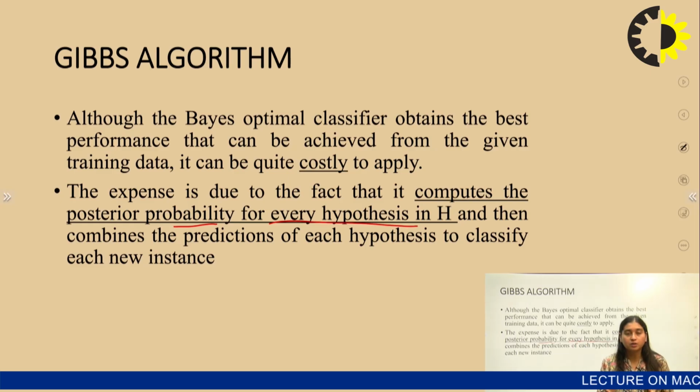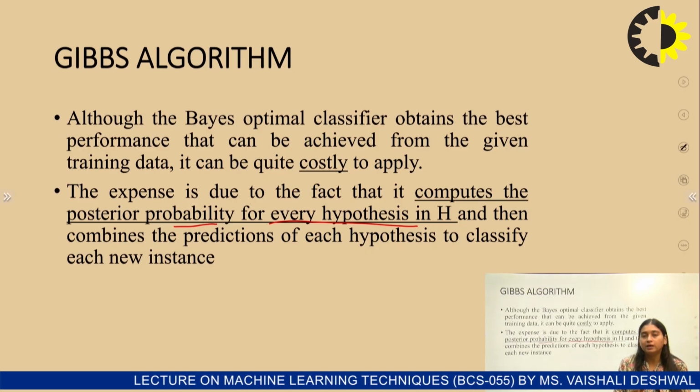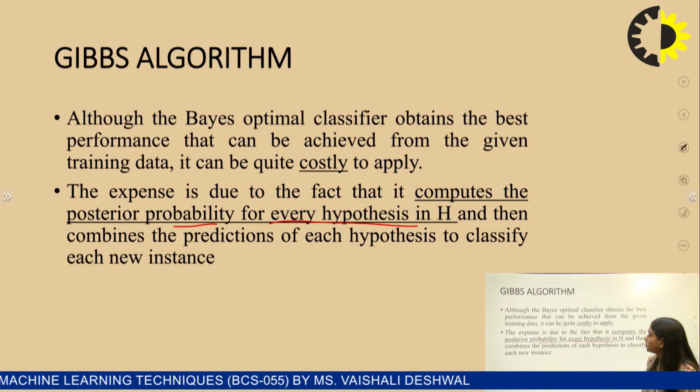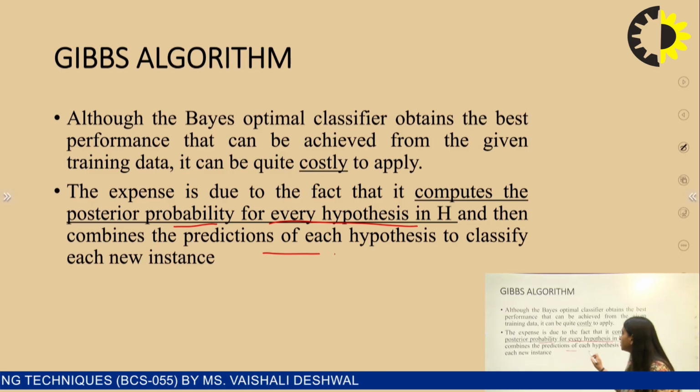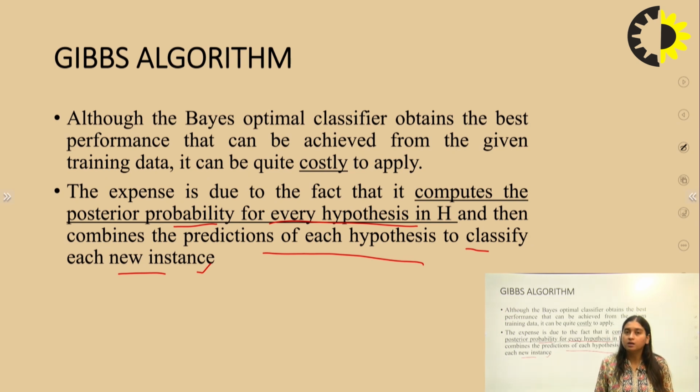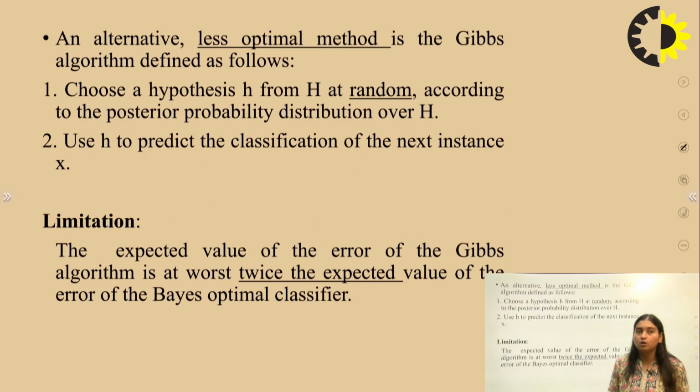If you have 100 hypotheses, 1000 hypotheses, or many hypotheses in your hypothesis space, then you have to compute the posterior probability for each individual hypothesis. That is why we say the Bayes optimal classifier is quite expensive. Then it combines the prediction of each hypothesis to classify each new instance. We can overcome this disadvantage with another algorithm known as the Gibbs algorithm. It's an alternative, and it is less optimal in comparison to the Bayes optimal classifier.